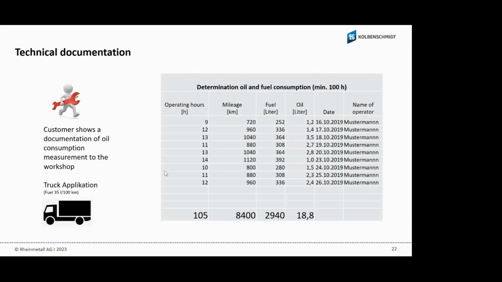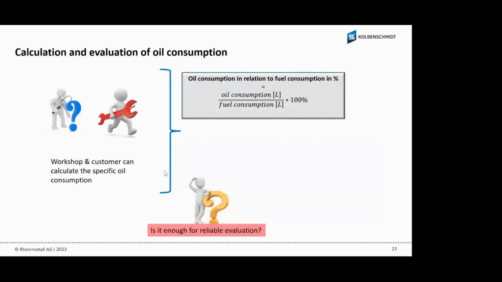They have 2,940 liters of fuel and 80.8 liters of oil. We make the evaluation: 80.8 liters of oil divided by 2,940 liters of fuel, multiplied by 100, gives 0.64% oil consumption relative to the fuel.